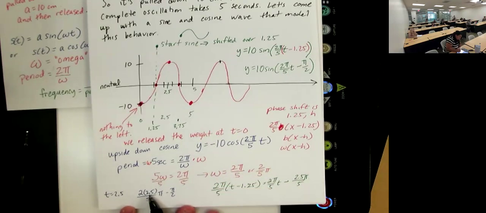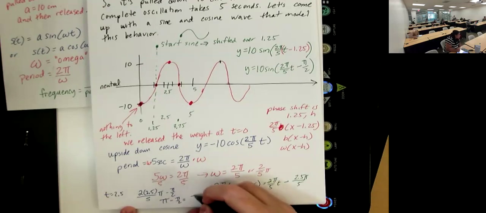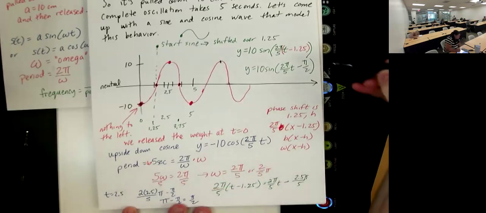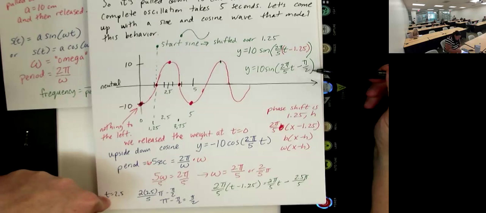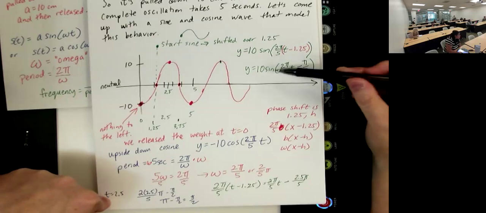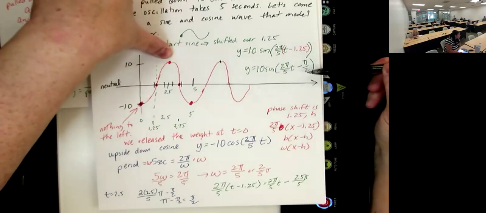This is just 5 over 5, which is just 1, right? So I've got pi minus pi over 2. On the inside of the sine is pi over 2. So at t equals 2.5, sine of pi over 2 is 1. And we multiply by 10 and we're up to 10, so that's tracking there as well.